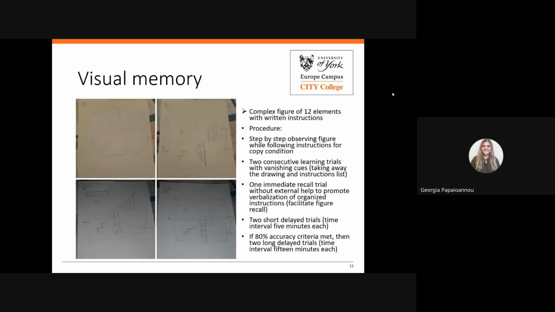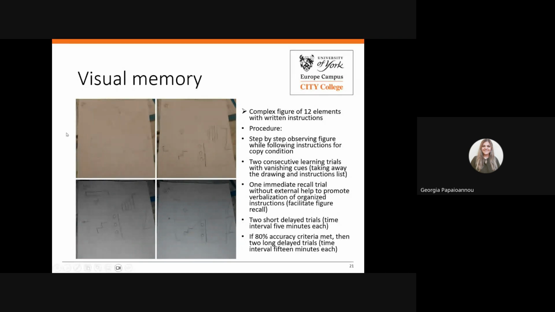Some of these strategies we've just mentioned have been used in visual memory rehabilitation. We have an example here of how the patient's procedure went. For example, we start with a complex figure of 12 elements with written instructions, and step by step, the patient needs to observe and follow the instructions to have a copy, as we can see in the first image.